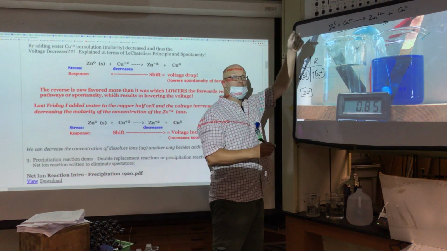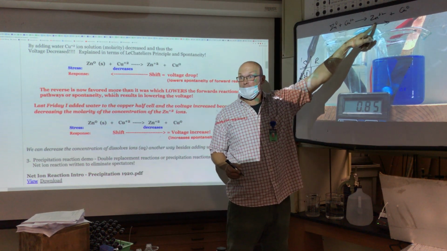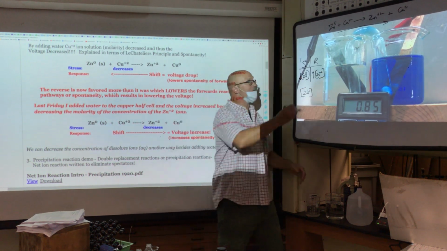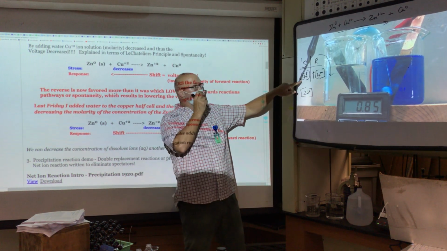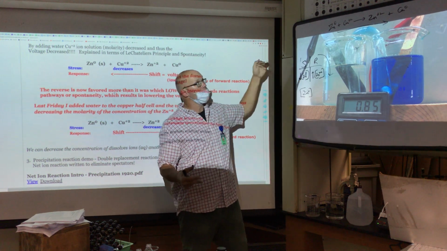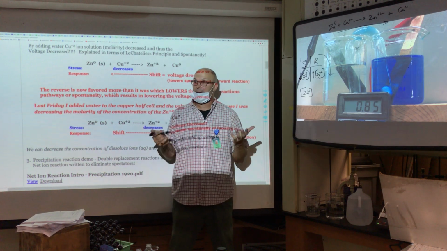It would shift to the right, because zinc +2 is a product, so if I go to the right, I'll produce more. That's what I did. I added water here, and I added a stress. I lowered the zinc +2. I added water, and I made the reaction go more forward. There was a better pathway going forward. The voltage increased by adding water.